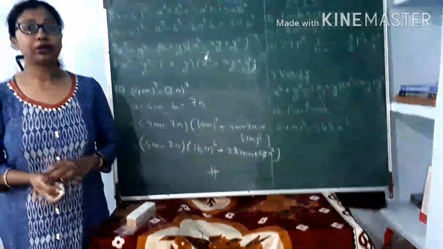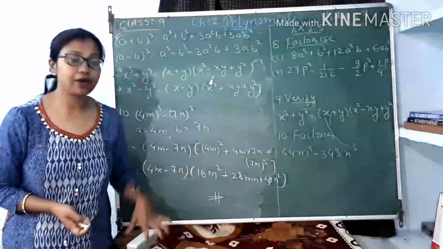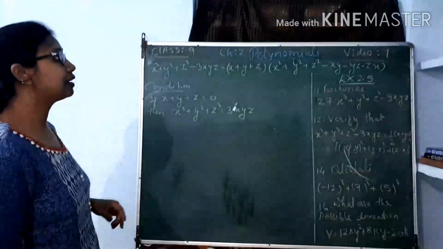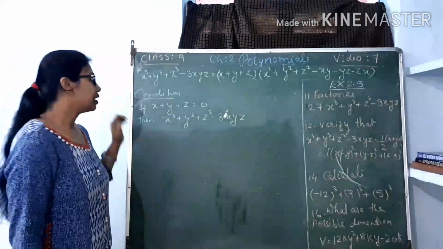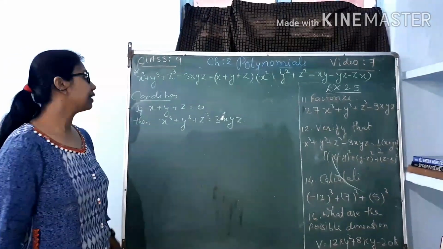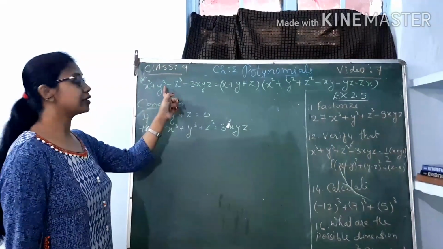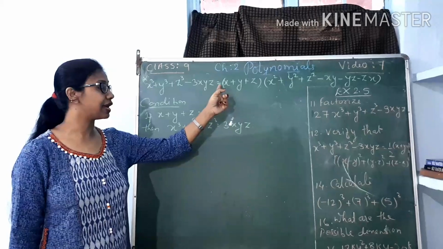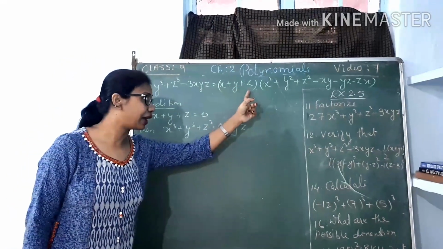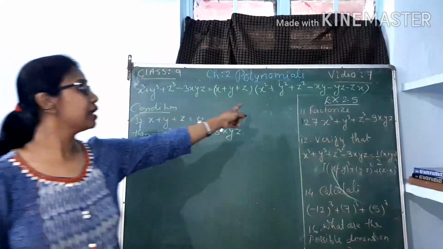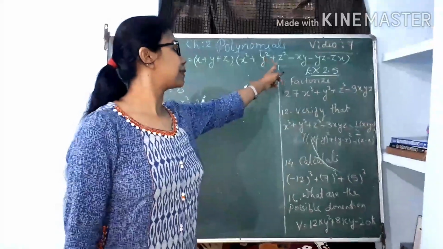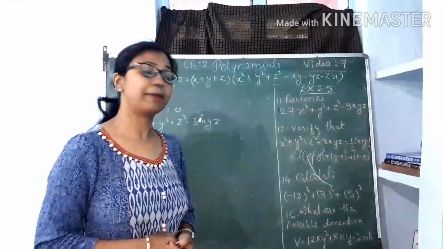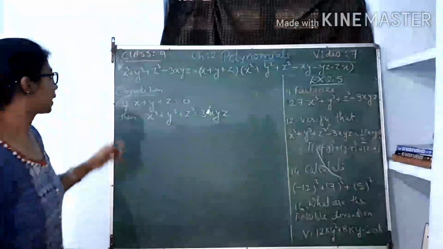Now more questions we are going to solve. This is another very important identity of class 9. This is introduced in class 9. x cube plus y cube plus z cube minus 3xyz is always written as x plus y plus z in one bracket, multiplied by x square plus y square plus z square minus xy minus yz minus zx.